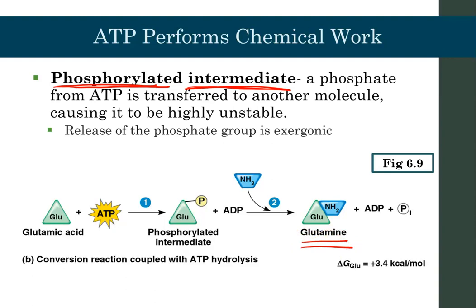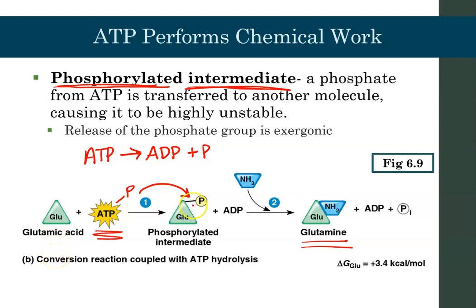Now this is going to be part of a larger metabolic pathway controlled by enzymes. But in one of these steps, we're going to start with glutamic acid. Now we are building an amino acid, so that means we need to put in energy. So we are going to use some ATP, and that ATP is going to be hydrolyzed, so we're going to release a phosphate, and that phosphate is going to be transferred to the glutamic acid.